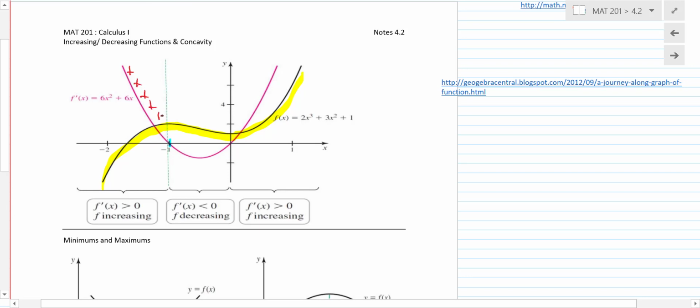The derivative's positive there because you're increasing. The derivative is negative here because you're decreasing. And then the derivative is positive here on that red graph because you're back to increasing again like that. So the graph of a derivative is really what that sign chart's doing for you anyway.